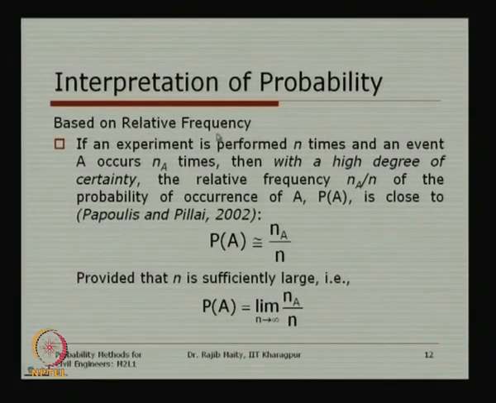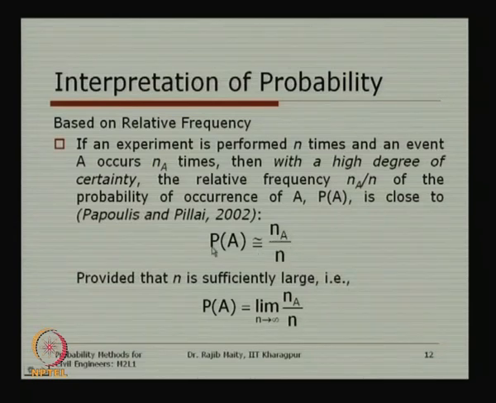Here, based on the relative frequency, if an experiment is performed n times and an event A occurs Na times, then with a high degree of certainty, and all these terms are very important, the relative frequency Na by n approximates the probability of occurrence of A, which is designated as P(A).